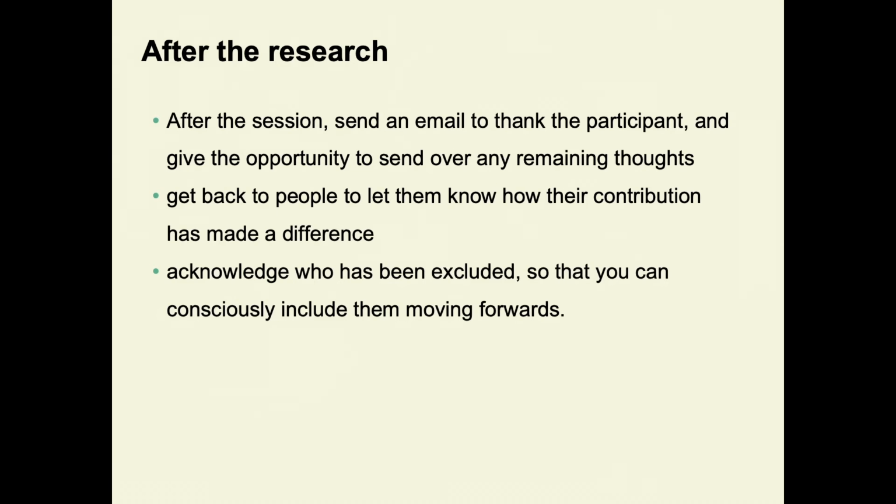At the end of the research, acknowledge who has been excluded. Going back to the beginning where you mapped your audiences, say, okay, this time we only spoke to our super users, for example. But next time we have to make a more conscious effort to go out to these other groups. Again, it's about being honest as a team.